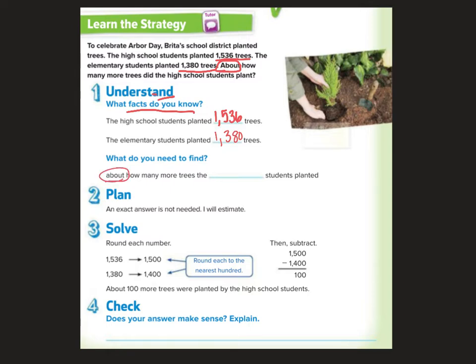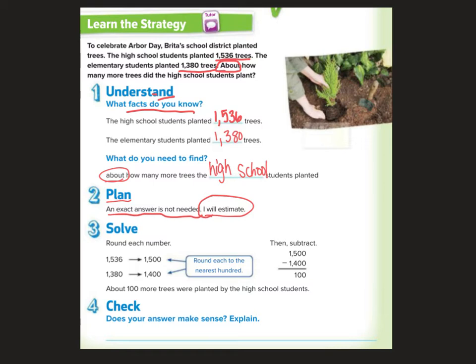About how many more trees the high school students planted. So our plan is, an exact answer is not needed. I will estimate. It doesn't tell us what digit we're estimating to, though.